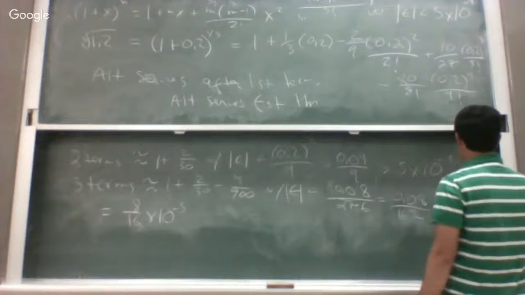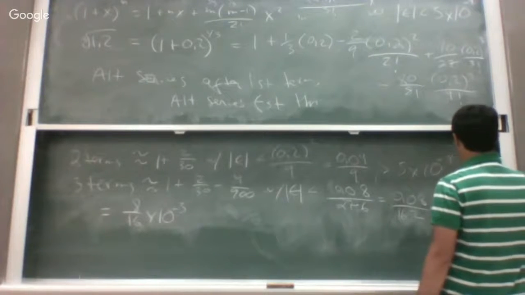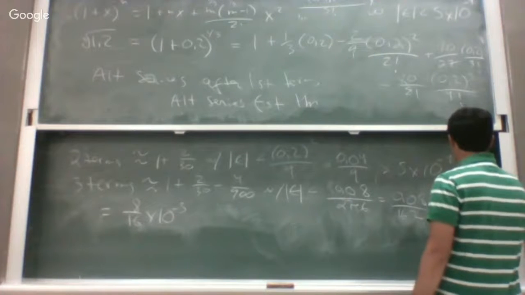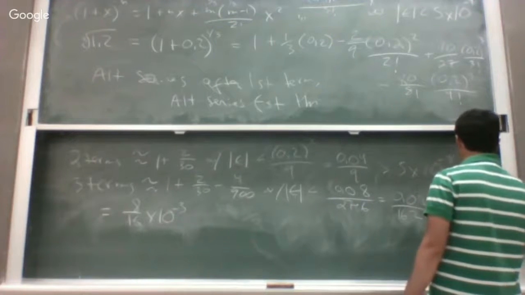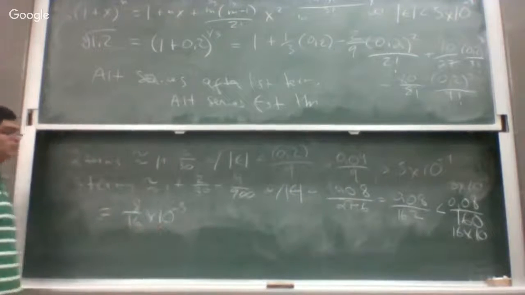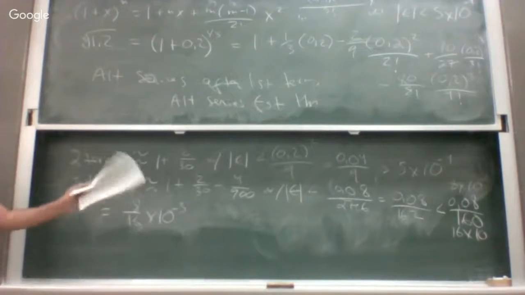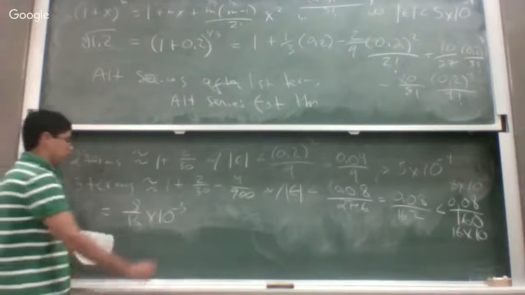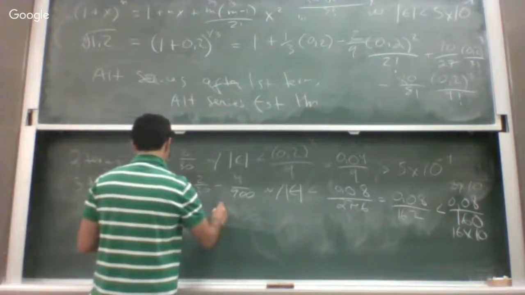The top is 8 times 10 to the negative 2. Bottom is 16 times 10. So if we have 8 over 16, we have 0.5 times 10 to the negative 3.